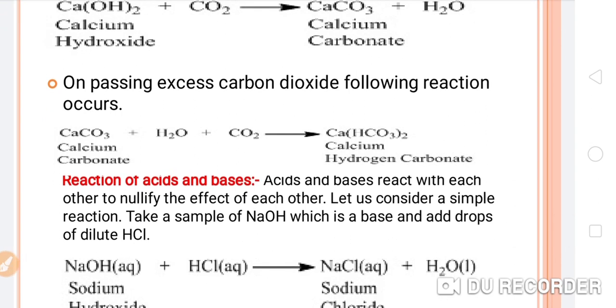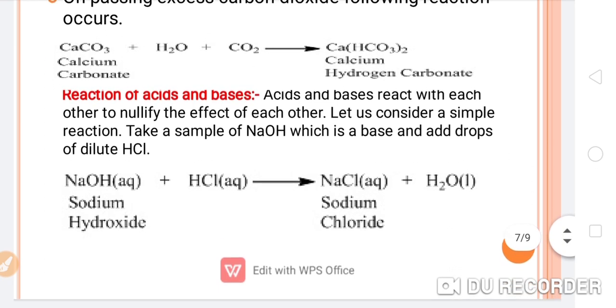Now next, reaction of acids and bases. As you know, when acids react with bases, they neutralize the effect of each other. Acids will neutralize the effect of bases and bases will neutralize the effect of acids. So this is the neutralization reaction. Let's see an example.